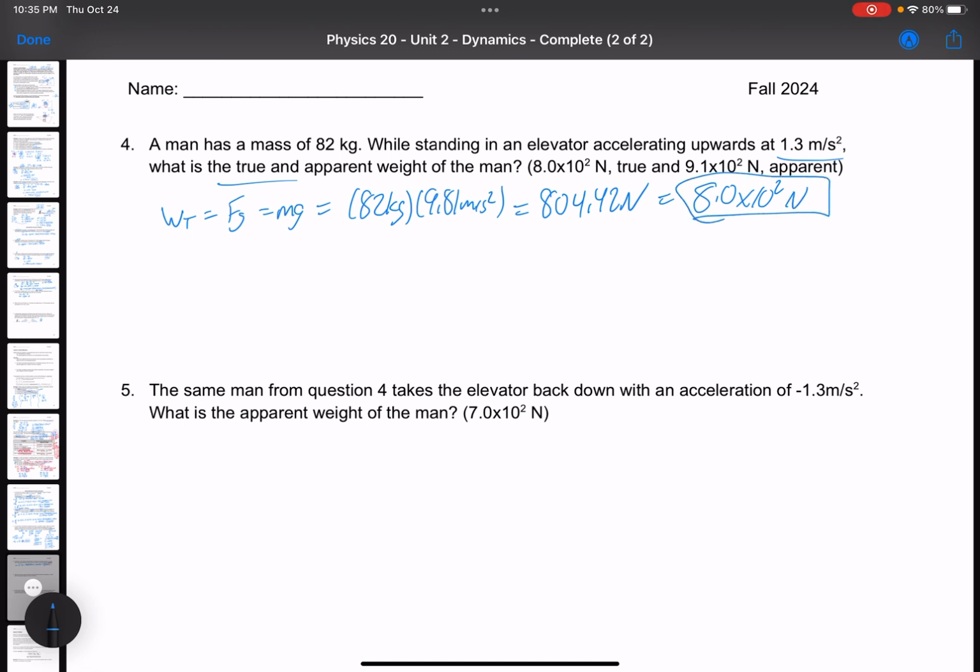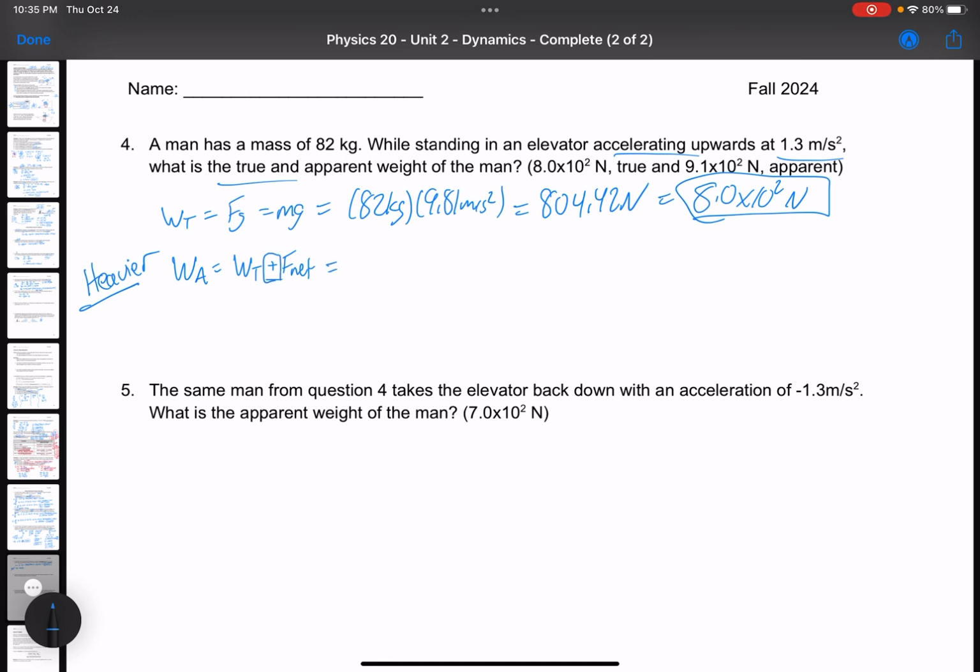That's the true weight. Now if I'm accelerating upwards, again, accelerating upwards means heavier. So my apparent weight is going to be equal to my true weight plus the F net, because I need to be heavier, so I need to add something.